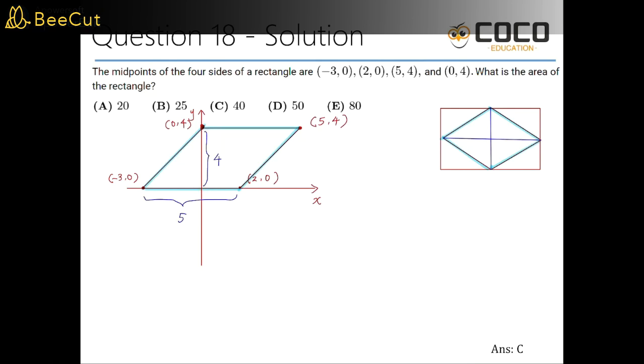Now we see that for this parallelogram, the base is 5, the height is 4. So 5 times 4, the area is 20. Right, the rectangle is twice the parallelogram. So this part is 20, total will be 20 times 2, 40. So answer is C.